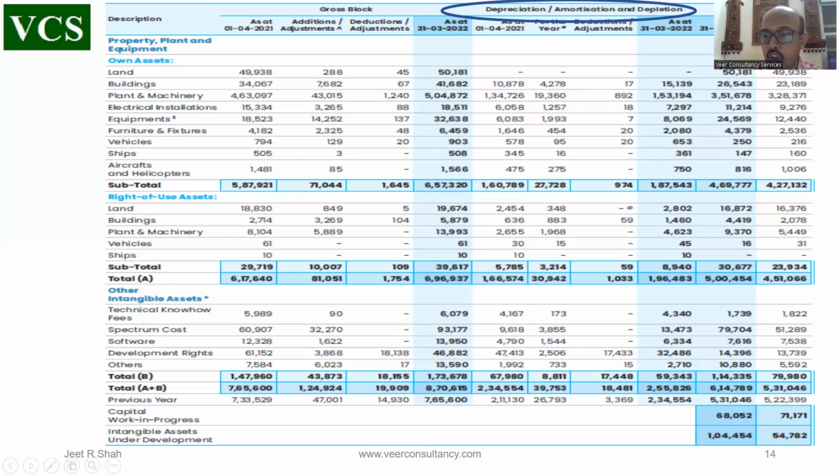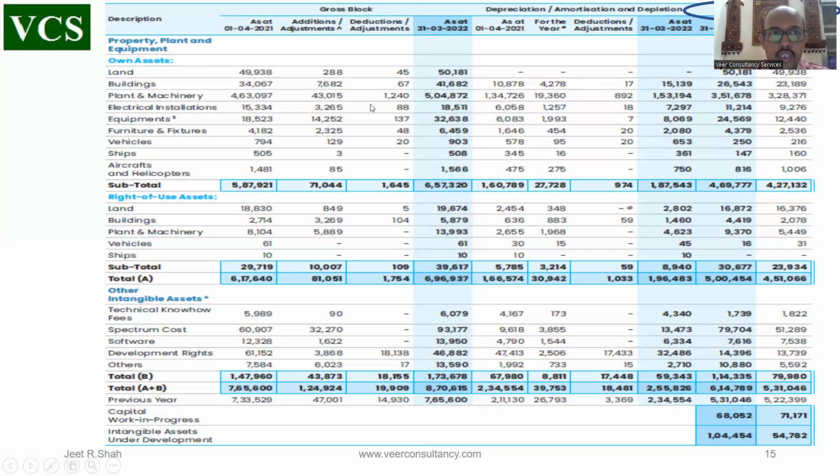After this, you see the net block over here. What is the net block? Net block is basically the gross block minus depreciation. That is the amount that you get after you deduct the full amount of depreciation from the actual cost. So how do you get this?